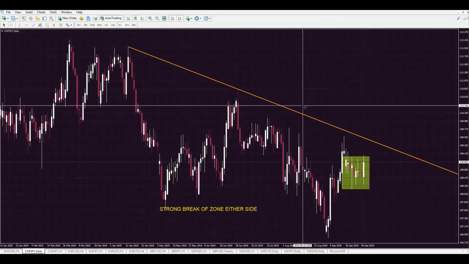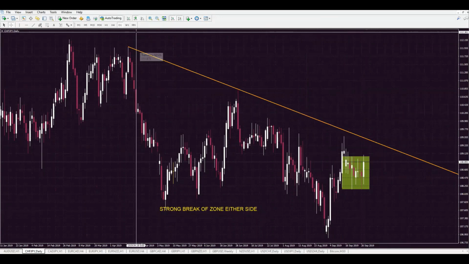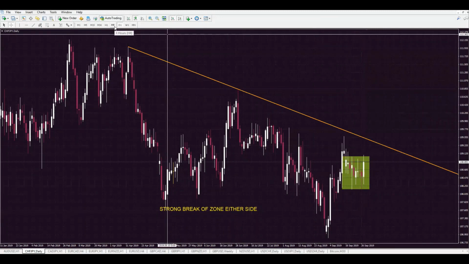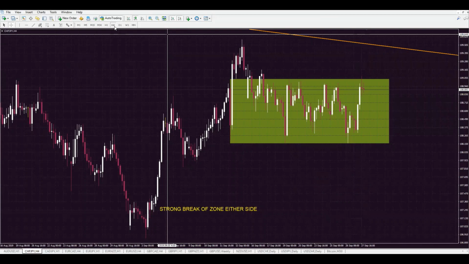So we have a valid trend line here, and that's it. What is price doing in here? We'd have to go down a little bit lower to be able to tell the direction of the market.